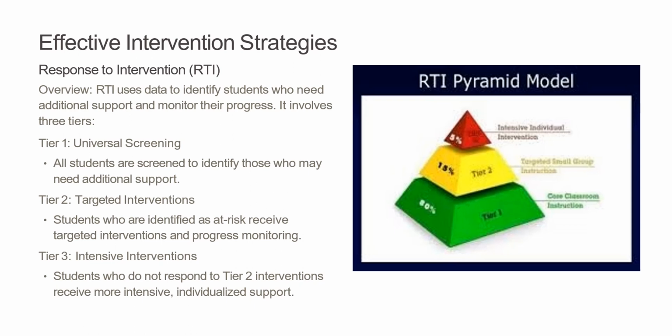Tier 3 is for students who do not respond adequately to Tier 2 interventions. These students receive intensive, individualized support tailored to their unique learning needs to help them succeed. The RTI framework ensures all students receive appropriate levels of support to thrive academically.